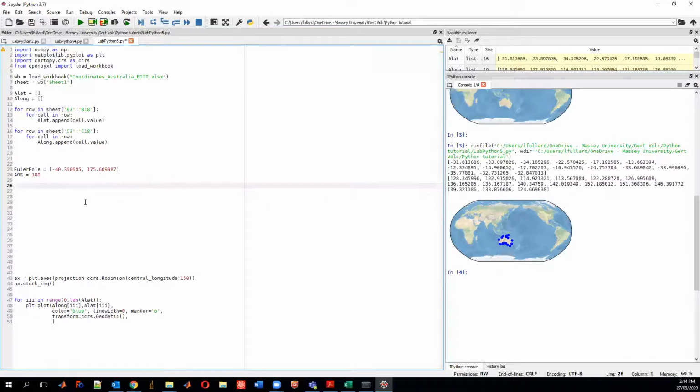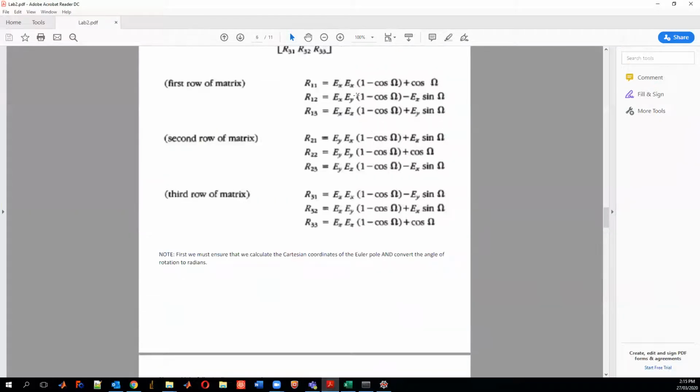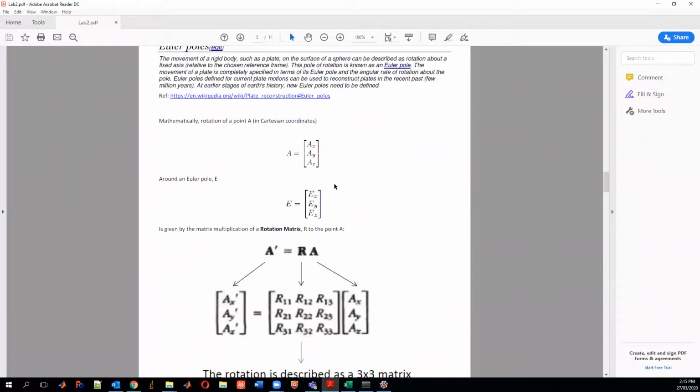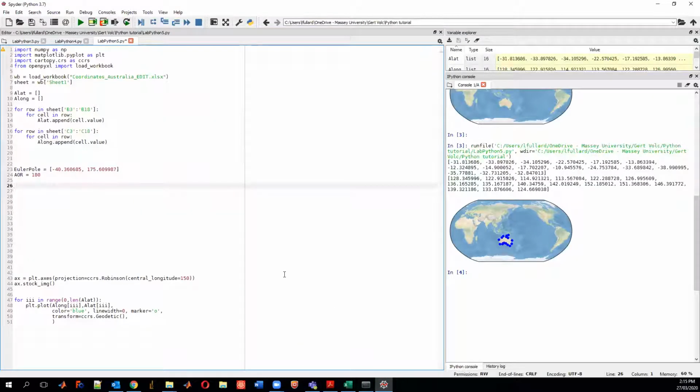So the first thing I need to do is convert this Euler pole into Cartesian coordinates so that I get my EX, EY, and EZ. If you remember how we do that, we have some measurements in degrees here. We have our latitude in degrees, negative 40 degrees, and our longitude in degrees, 175.